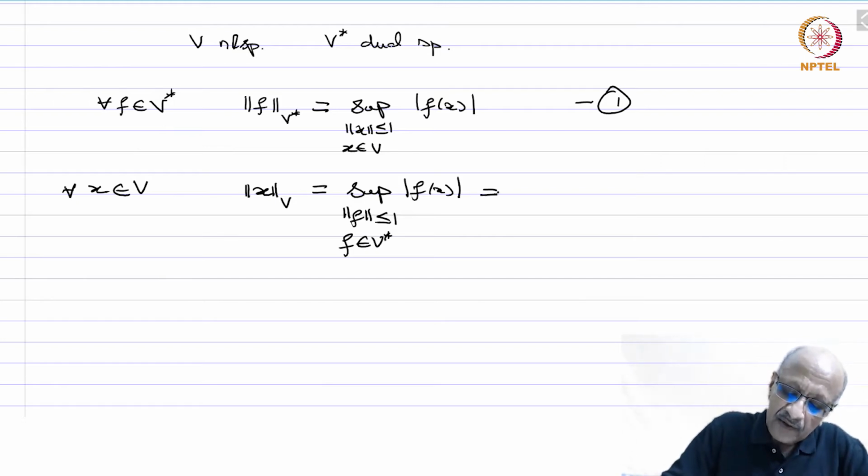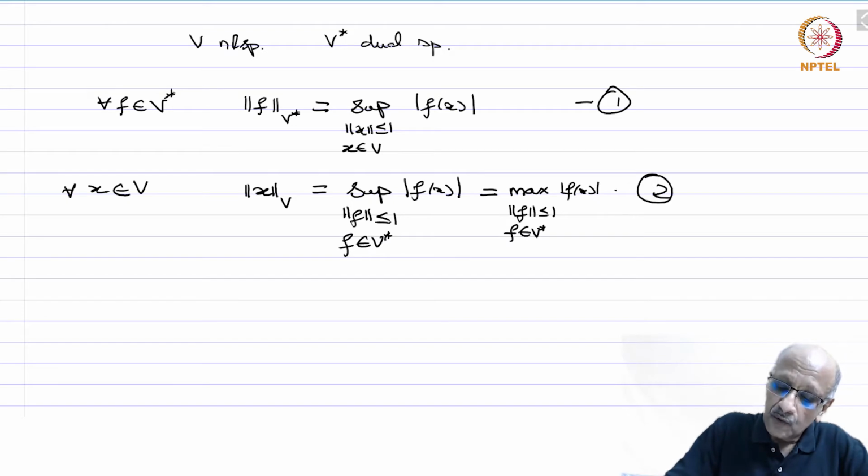In fact this is equal to the max over norm f less than or equal to 1, f in V star, of mod f(x). Let me call this relation 2.